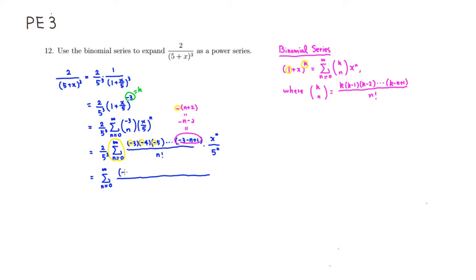So I'm going to take care of that first: negative 1 to the nth power, because you have n of those. Then we're going to have 2 times 3 times 4 times 5, all the way to n plus 2.